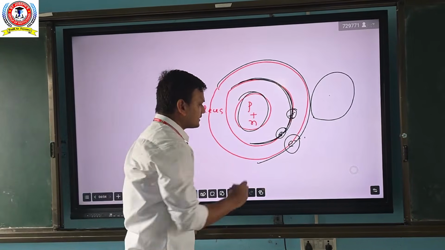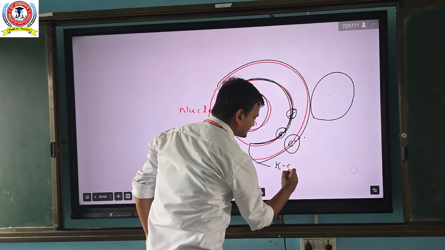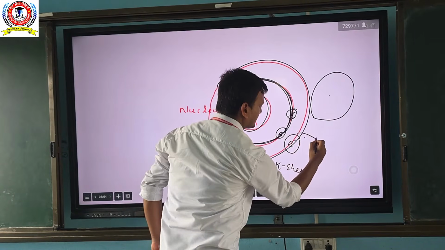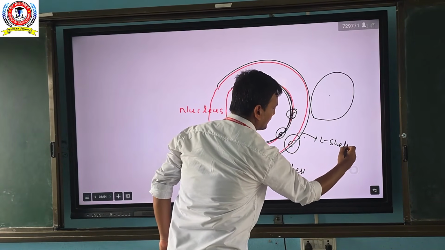We know that this is called the K shell, and this is called the L shell.